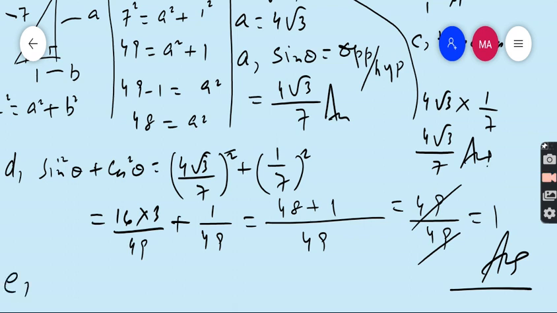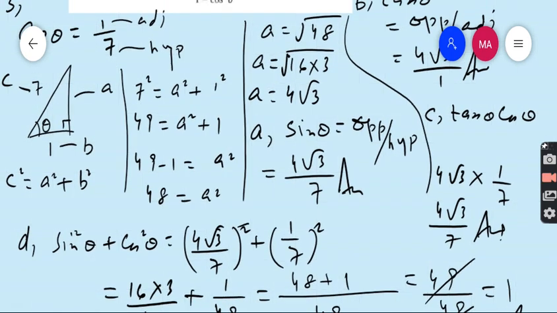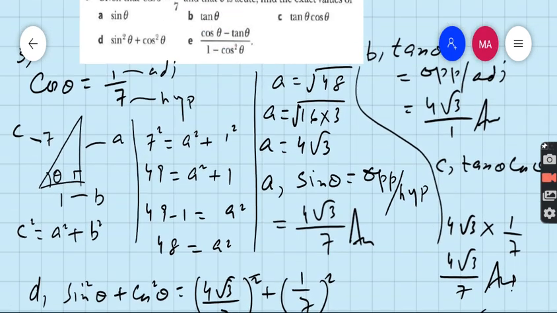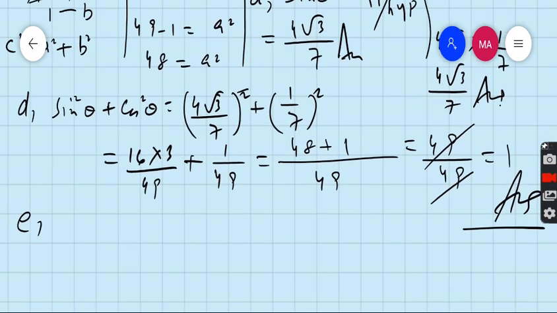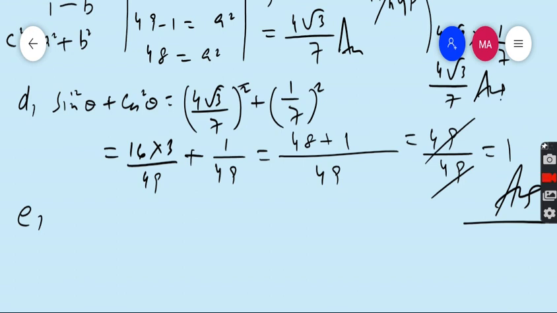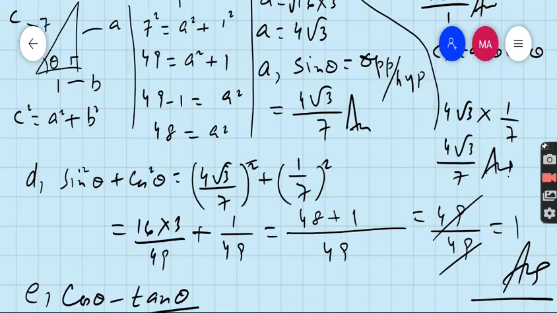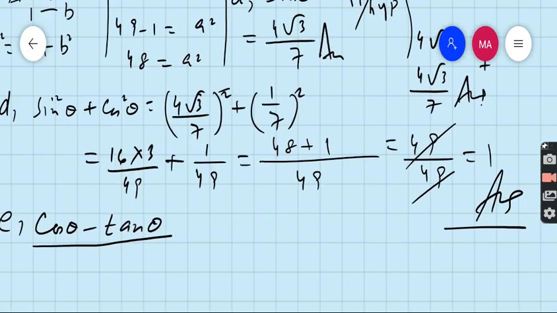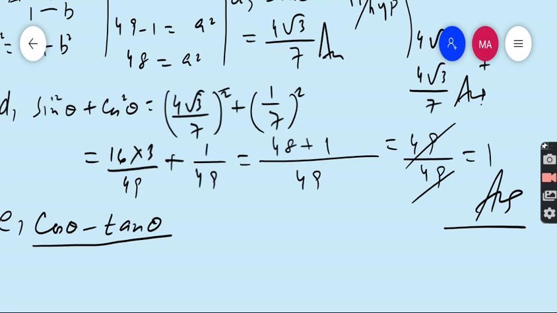What is part E? Cos theta minus tan theta upon 1 minus cos square theta. Cos theta is given in the question, 1 upon 7.